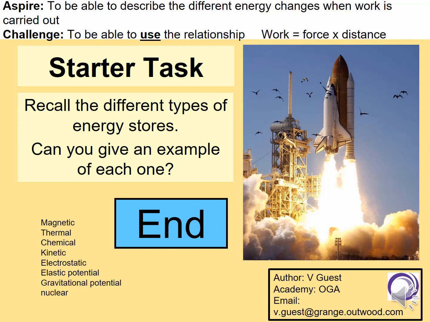Energy stored in a moving object. Electrostatic energy stored, for example, in a cloud in the sky, full of electrostatic charge. Elastic potential in a catapult. Gravitational potential in a ball that's at the top of a throw. And energy stored in nuclear power.